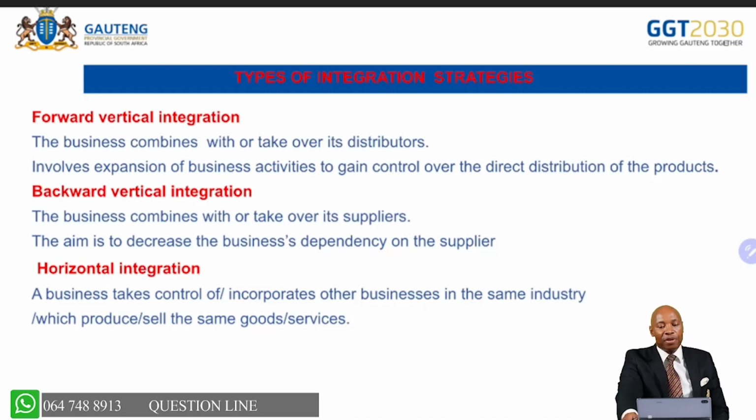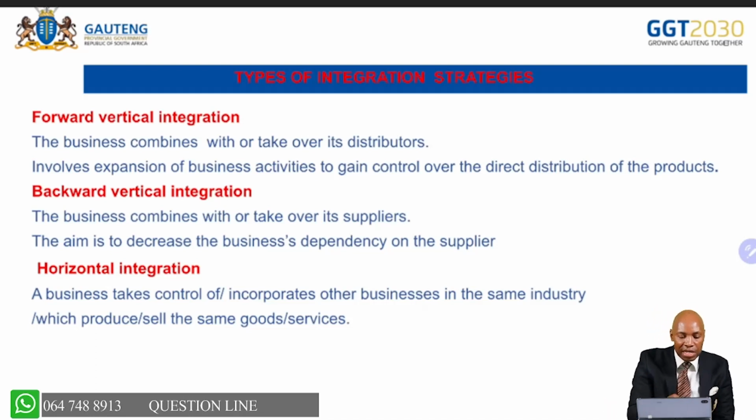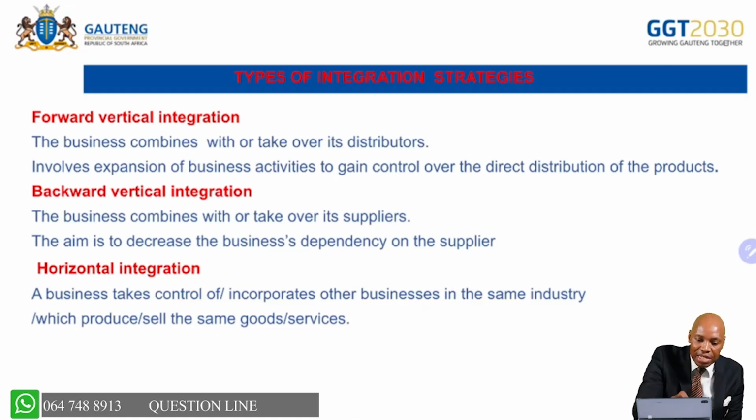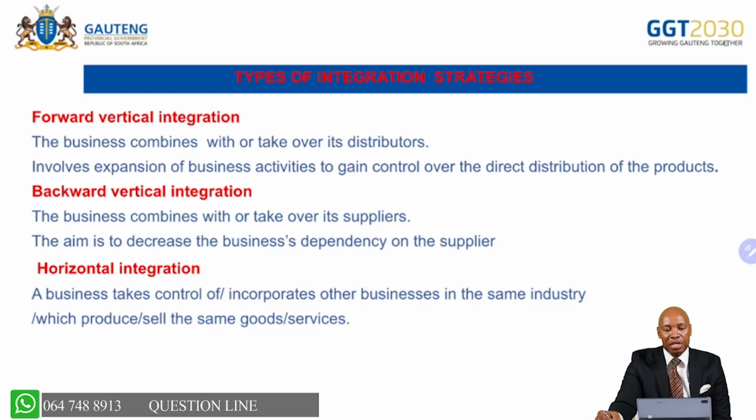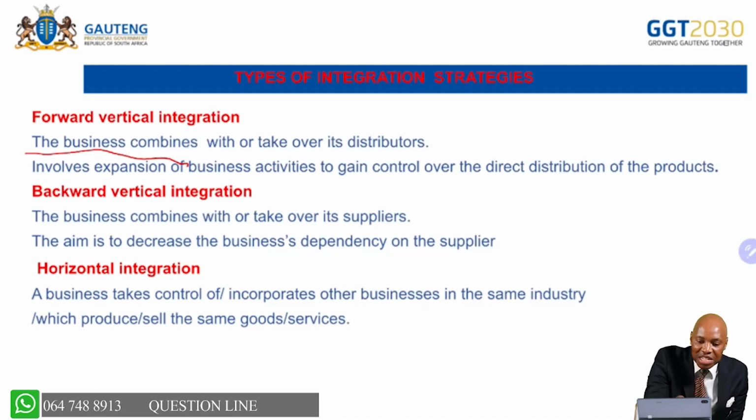We're done with our integration strategies. Just to recap, please know your integration strategies. And candidates, as you read, please identify statements that will make you remember a particular business strategy. Have your keywords, like we can use this one, the business combines.